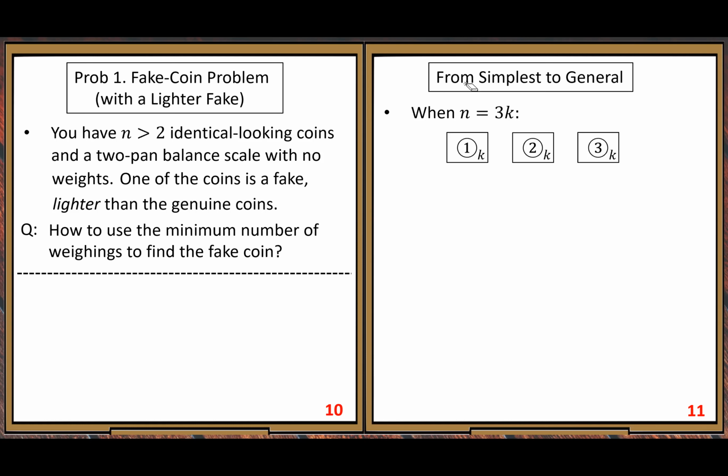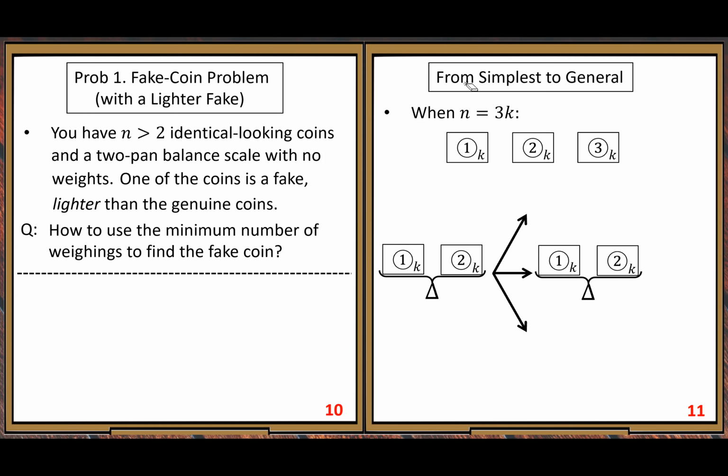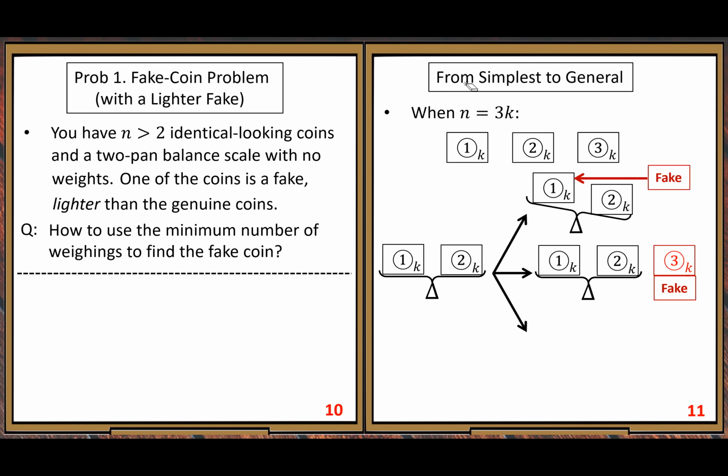Then we run our general procedure and put them on the scale. Think about 3 cases. The first one, the fake one is in group 3. Then the fake one in group 1, or group 2.